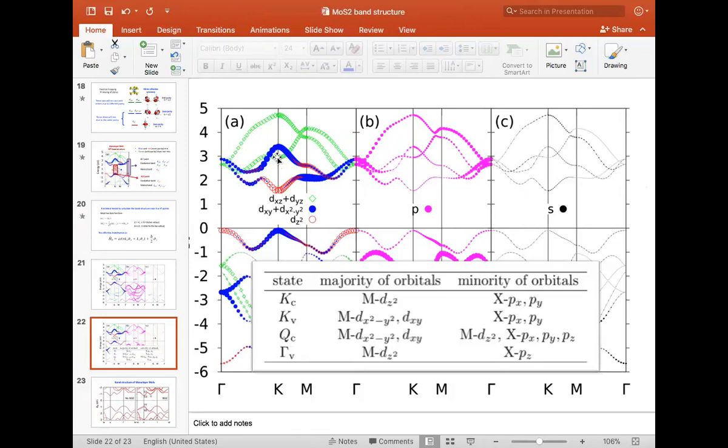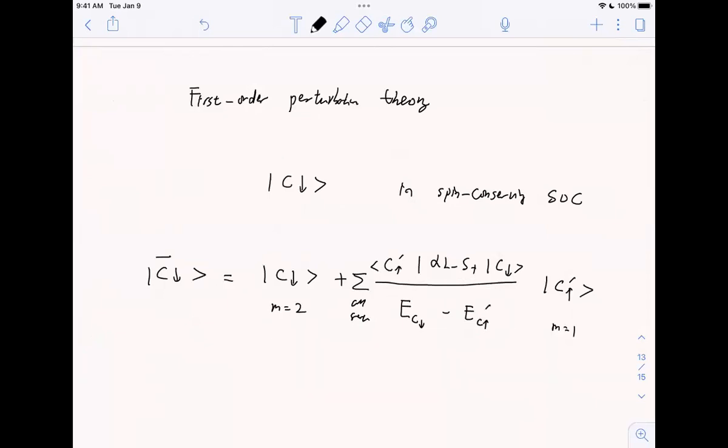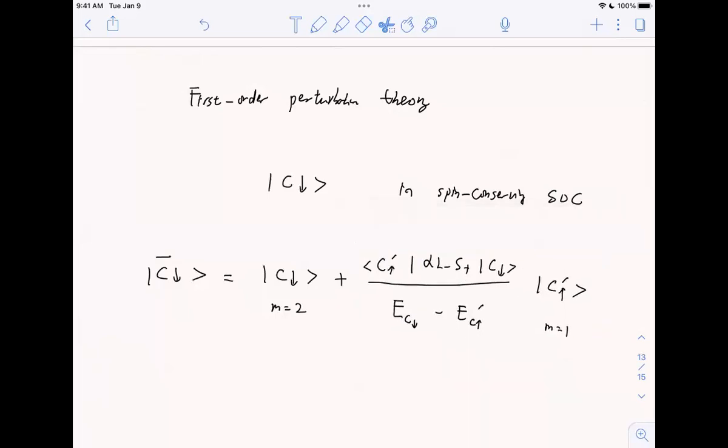The closest one with m equal to 1 is this one, or the next one will be here. But once you go far away, this energy denominator will be big, so they will become minor. So for simplicity, we just use one term. Okay, so this will be the renormalized state.